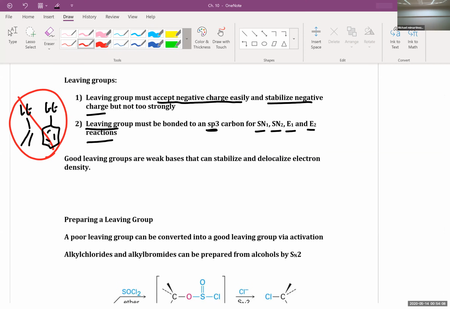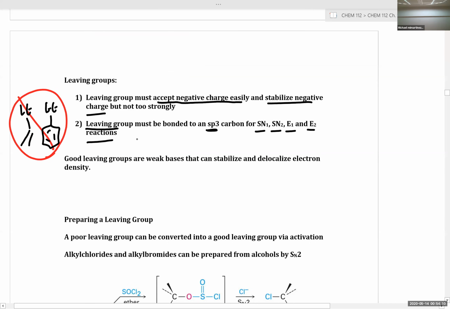Or if they do undergo substitution or elimination, they go through entirely different mechanisms. So if I have to summarize all these tables, good leaving groups are weak bases that can stabilize and delocalize electron density.